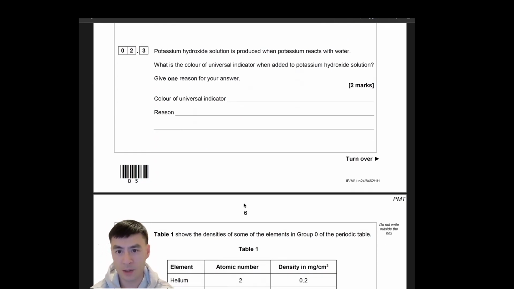2.3 Potassium hydroxide solution is produced when potassium reacts with water. What's the color of the universal indicator when added to potassium hydroxide solution? Give one reason for your answer.